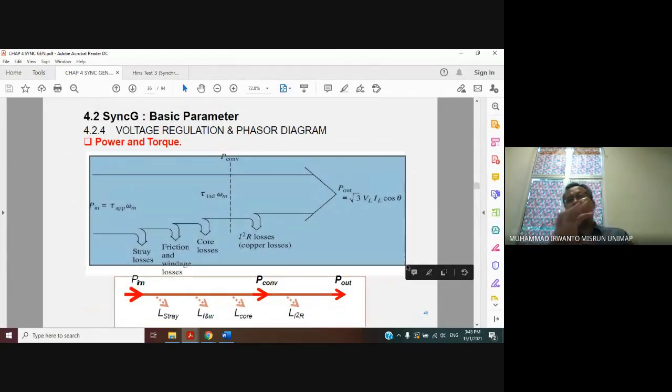Meaning the generator operates starting from the rotor moving, meaning given the mechanical power. Mechanical power is the input power. And then lastly it is converted to electrical. The last we have the output power as electrical power here.